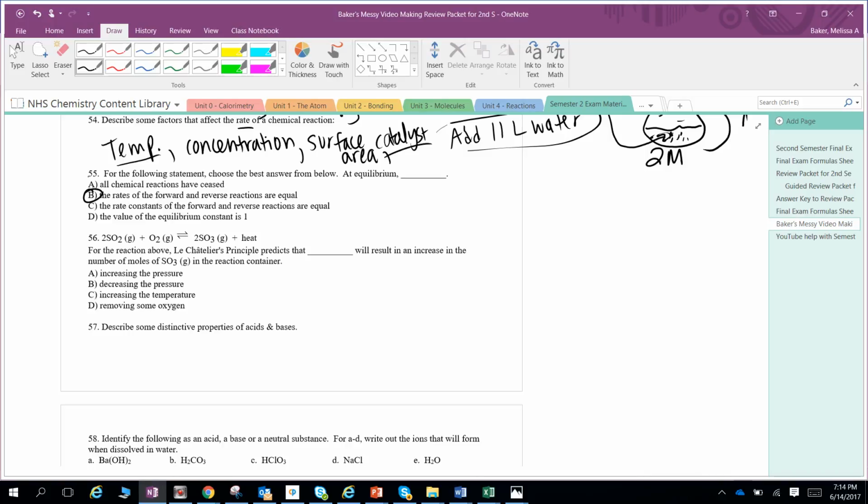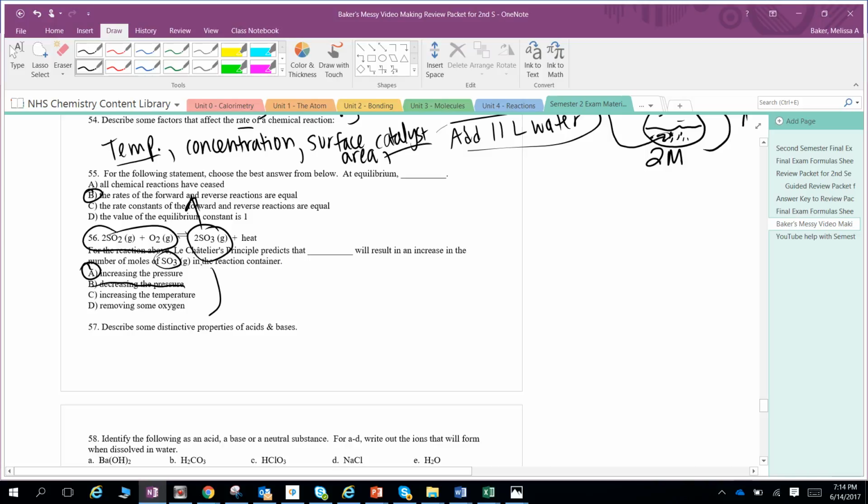So it says here, which of these would increase the number of moles of SO3? So how could we increase this? If we increase the pressure, since there's 2 gases on the left side, they'll start colliding more and they will produce more SO3.